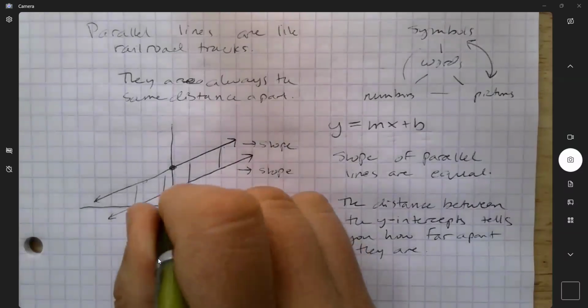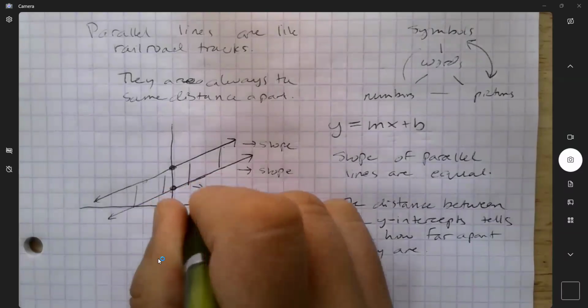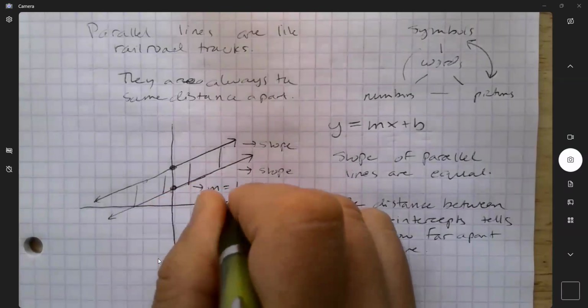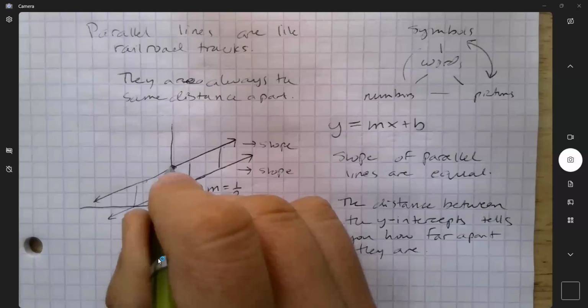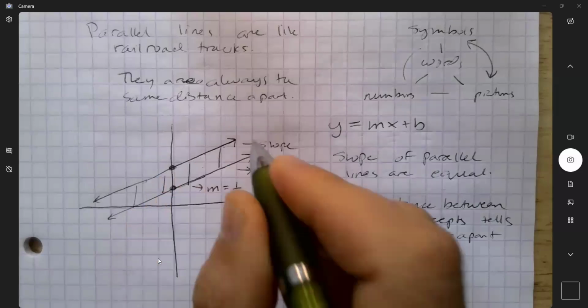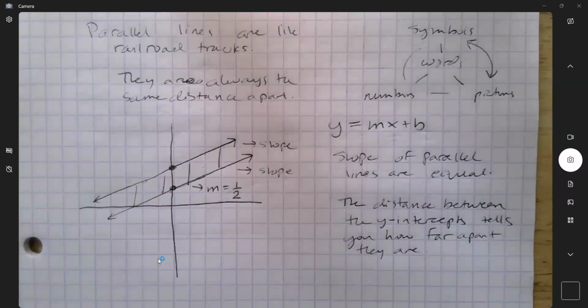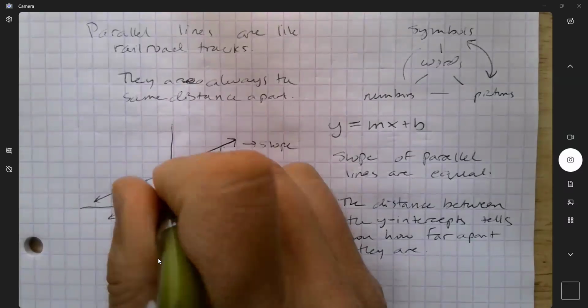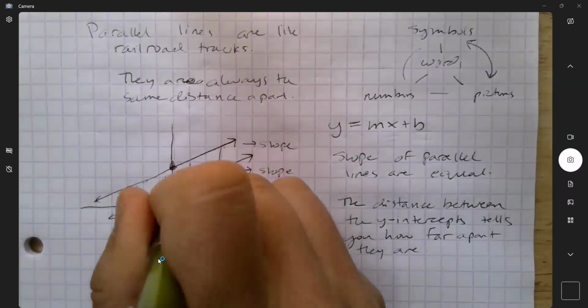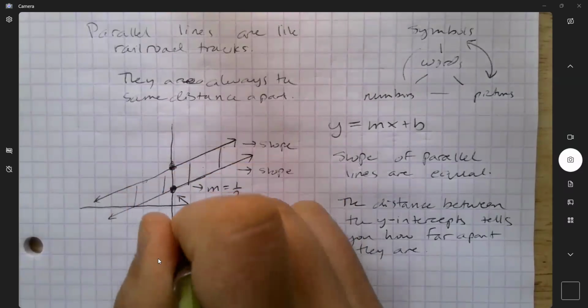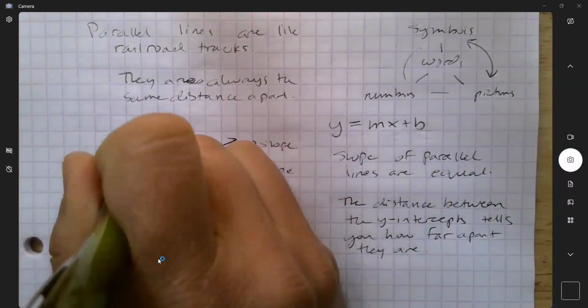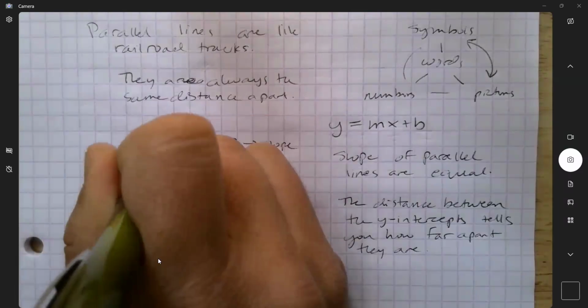It looks like the slope here is about 1/2, right? If it goes over 2, it goes up 1. And that y-intercept looks like it's about 1, and this y-intercept looks like it's about 2.5.